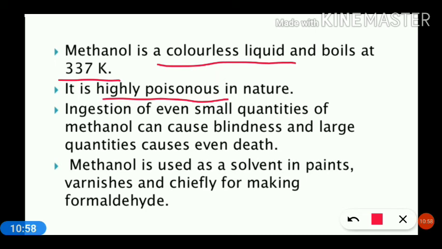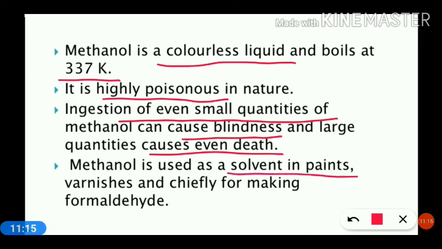But sometimes when it is mixed with ethanol and consumed, it may give rise to death, blindness and many other diseases. Ingestion of small quantities causes blindness and even death. It is a solvent used in paints, varnishes and chiefly for making formaldehyde. Formaldehyde is a reagent which is used for the preservation of biological specimens.